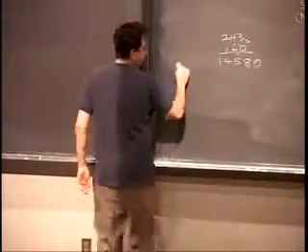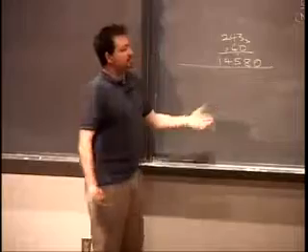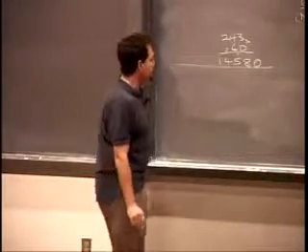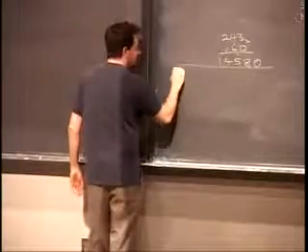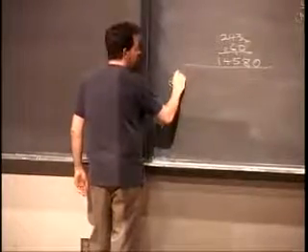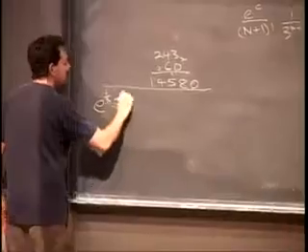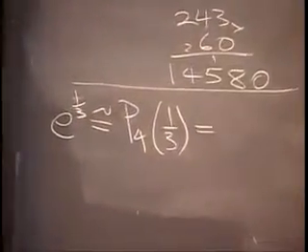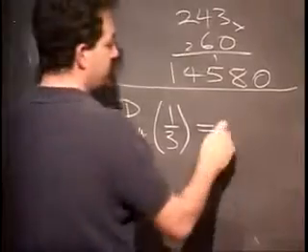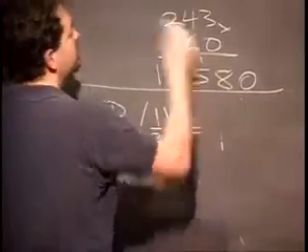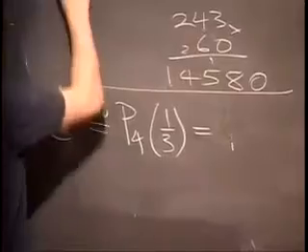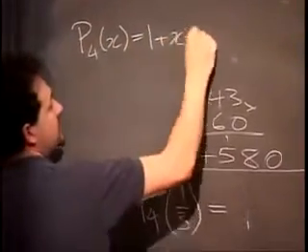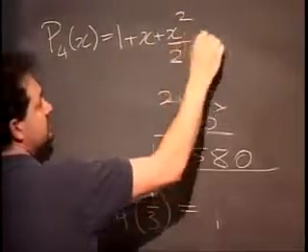Watch. We have now determined that the error is less than or equal to 1 over 10,000 when n equals 4. So I can now say e to the x, or e to the 1/3, is approximately equal to P4 of 1/3. And I need to use, therefore, a Taylor polynomial at a third. Well, let's just write down in general P4 of x, no doubt looks like this.